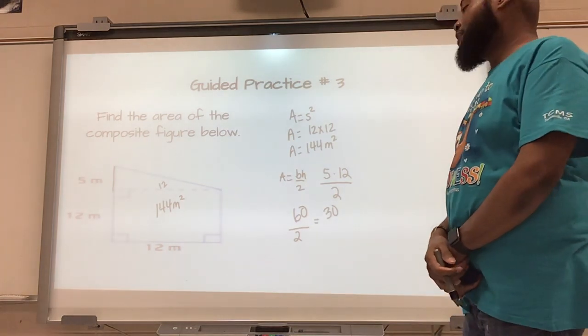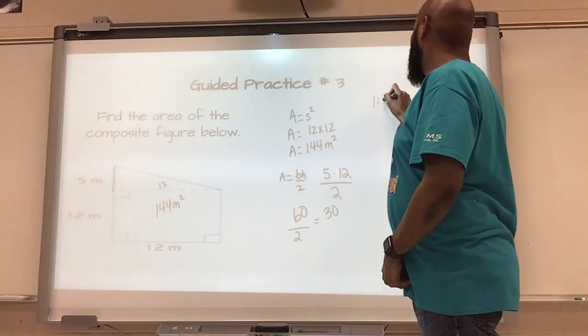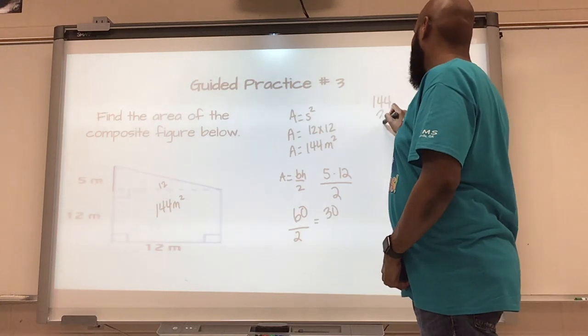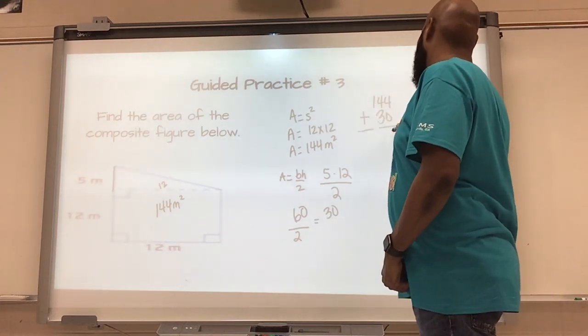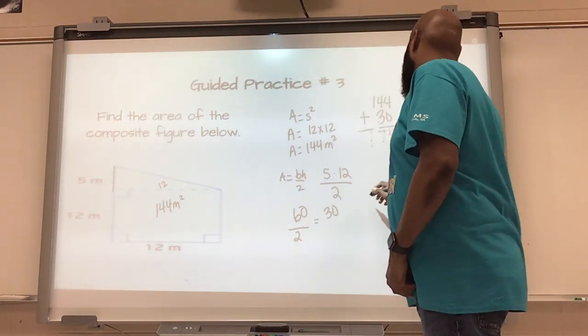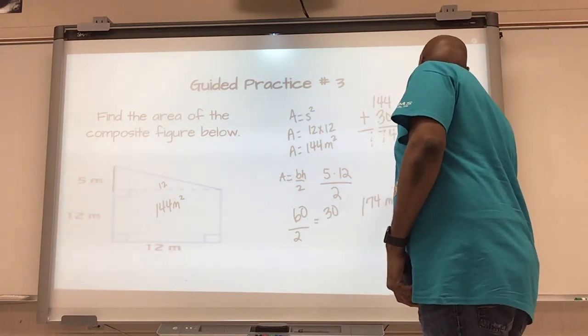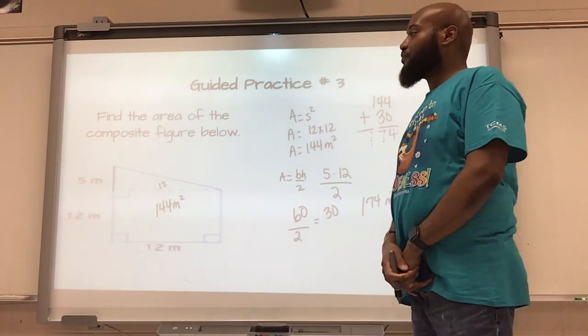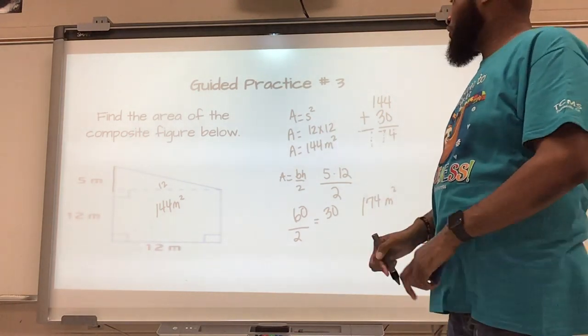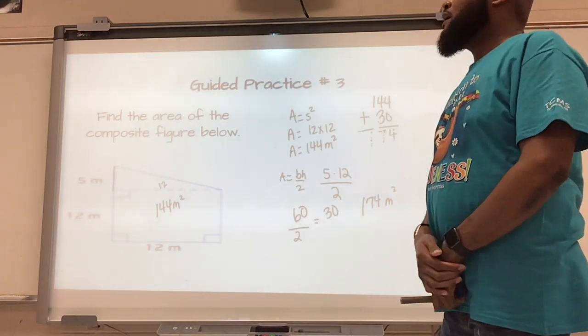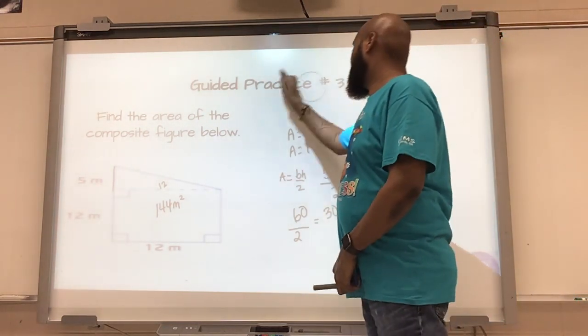But we're not done. We're going to take 144 plus 30, and you will get 174 meters squared.